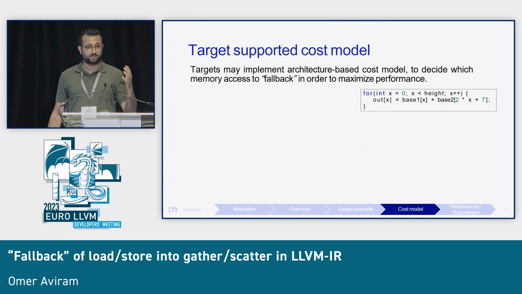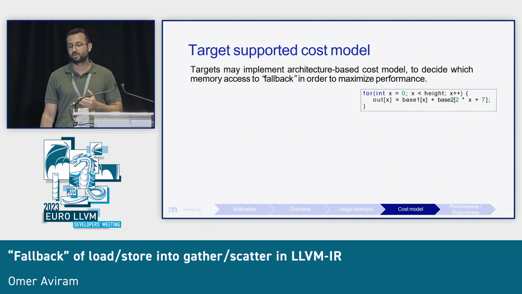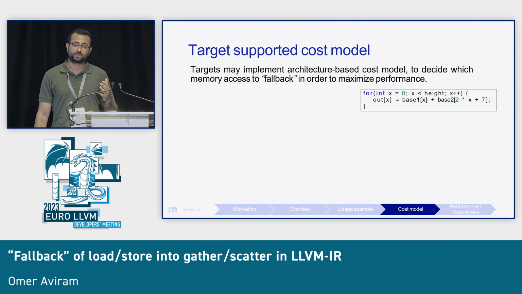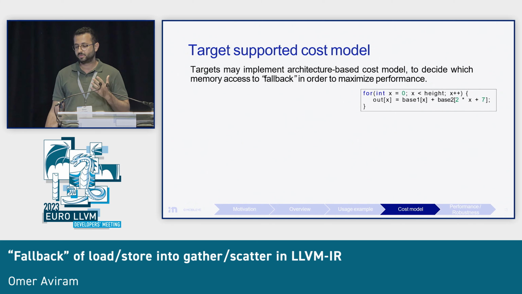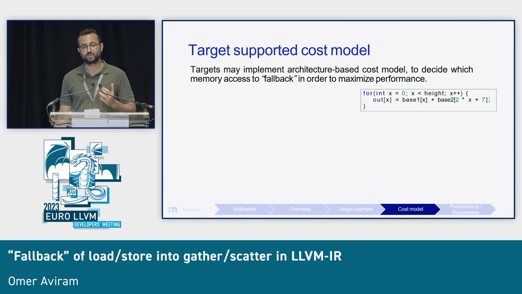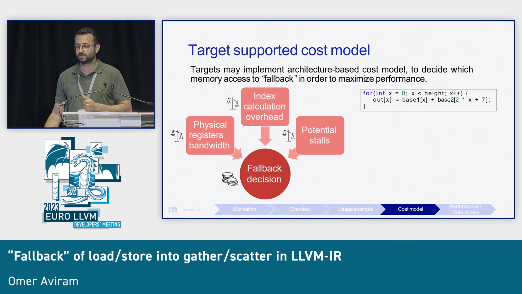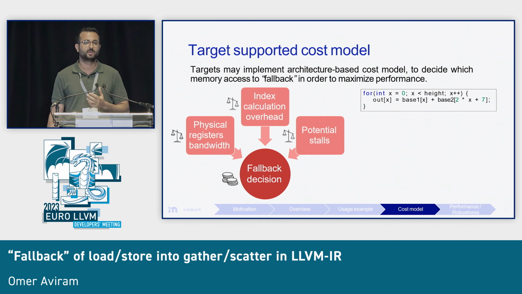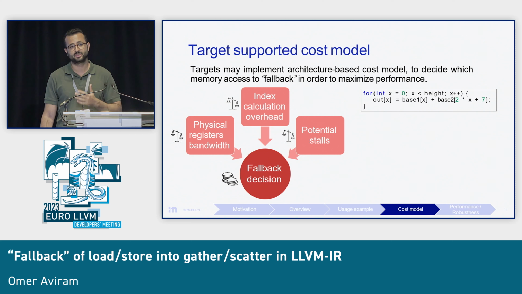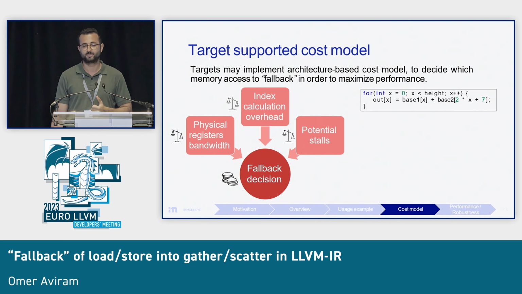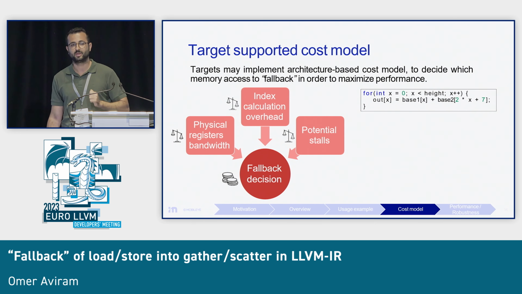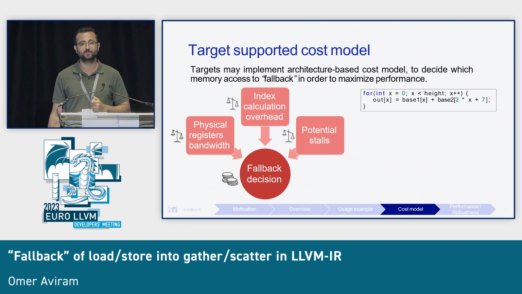So the targets may employ cost models that are architecture based, and those help to decide which memory access is best to fall back in order to maximize performance. So the cost model can have multiple factors. These are just some examples here. For example, the physical registers bandwidth, like maybe certain memory accesses are in a bandwidth that is preferred for the hardware.